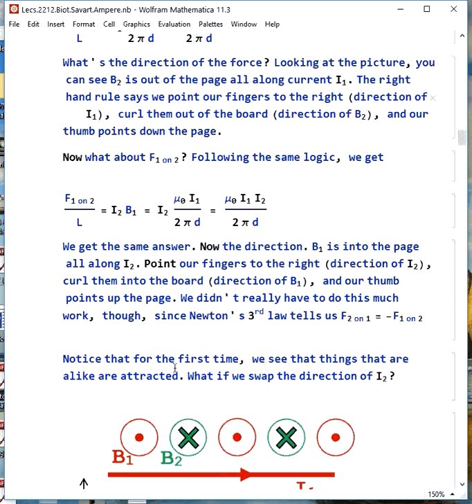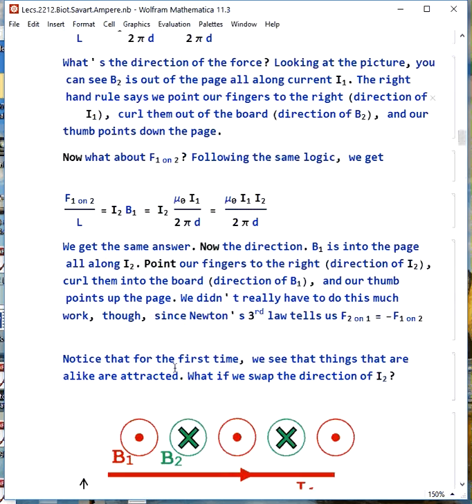Integral over a closed surface, E dot dA is Q enclosed over epsilon naught, or 1 over epsilon naught times the integral of rho dV. So what we're saying is the integral of B dot dl around a closed loop is proportional to the current that goes through the loop. We should notice there are multiple similarities to Gauss's law when we go through this.